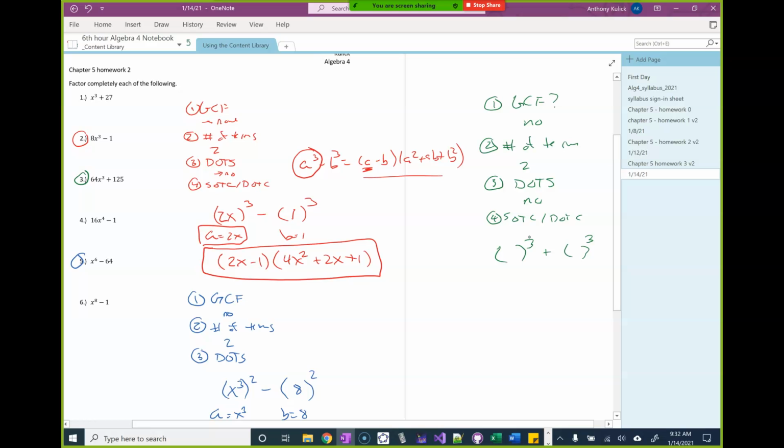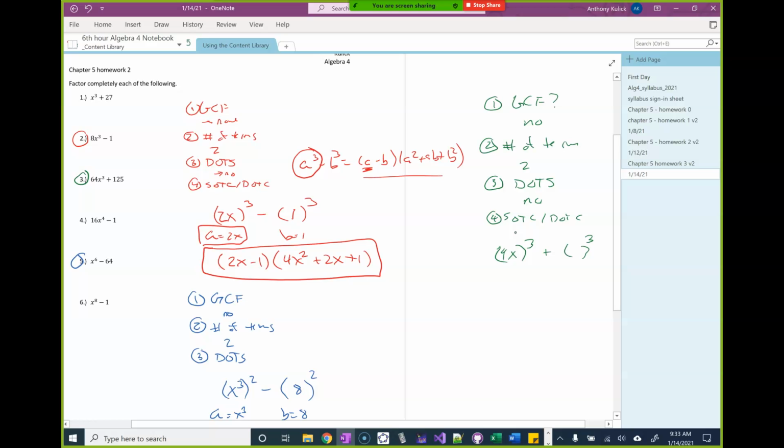So obviously the first piece has got to have an x in it, right? Because we have an x cubed. Now, can I write 64 as something cubed? Well, 4 times 4 is 16, and 16 times 4 is 64. So I can write 64x to the third as 4x cubed.